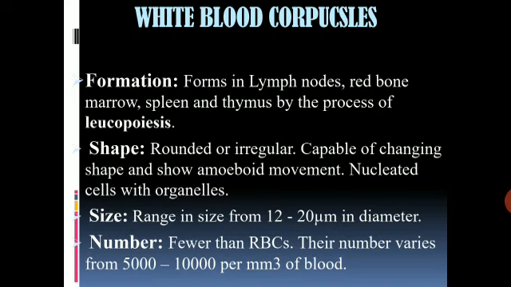The size is around 12 to 20 micrometers in diameter. So they are quite bigger, and their number is very small compared to RBCs. The number varies from 5,000 to 10,000 per cubic millimeter of blood. So they are very few in number. For every 1,000 RBCs, you have only one WBC.